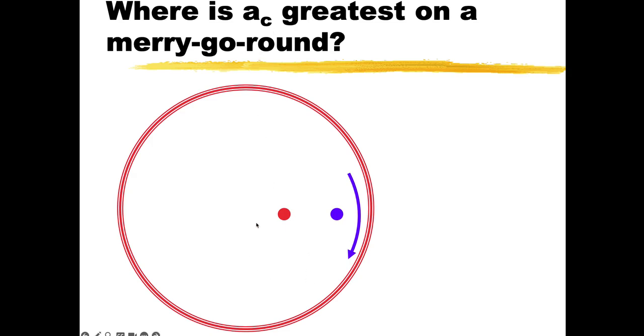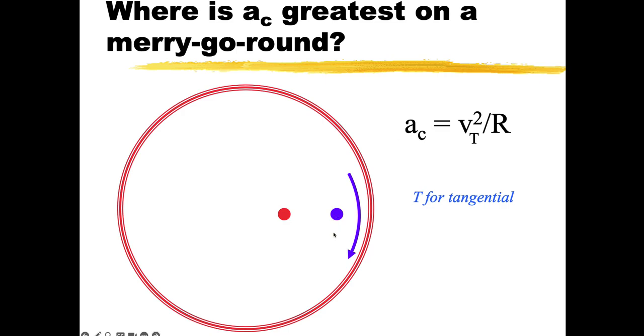If I have a blue-headed kid and a red-headed kid on a carousel, which one has the greatest centripetal acceleration? You know that centripetal acceleration is v squared over r, where v is the tangential velocity. The blue one is going faster because it has a bigger radius, so it has the greatest centripetal acceleration.